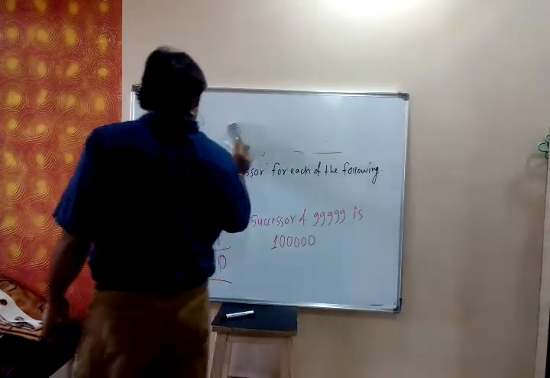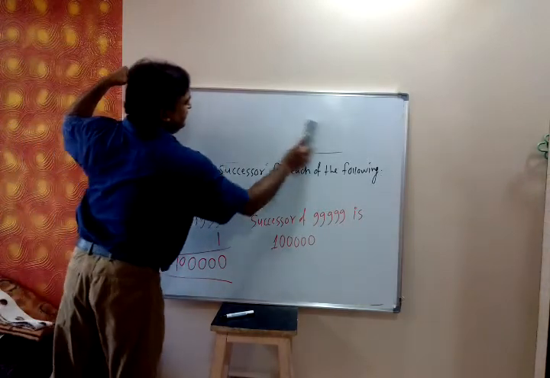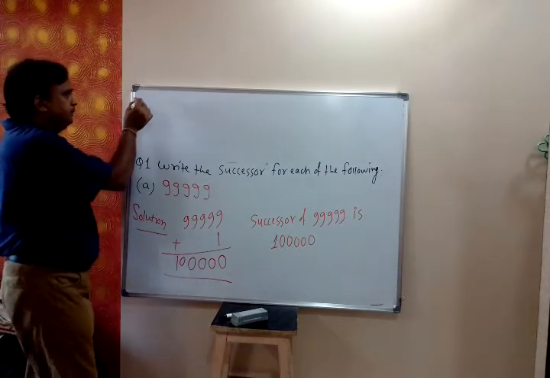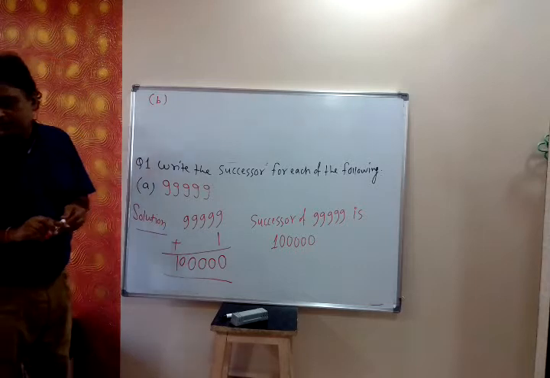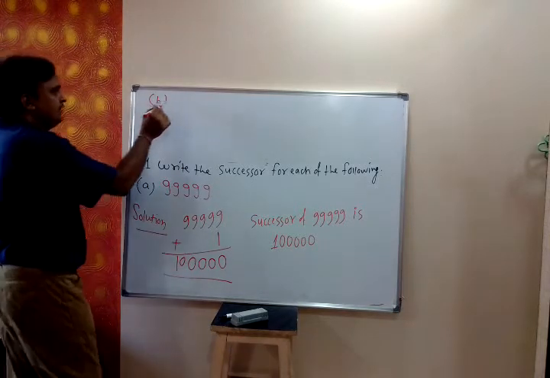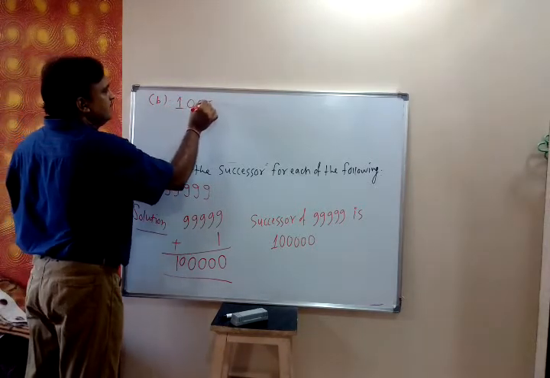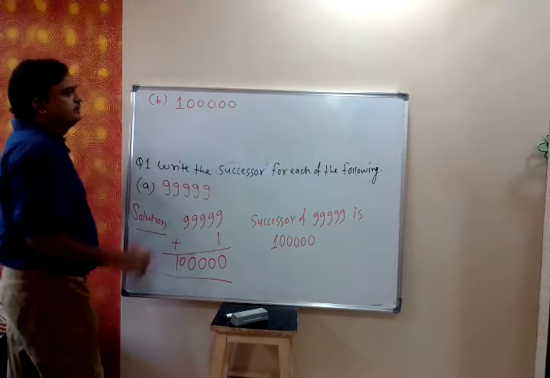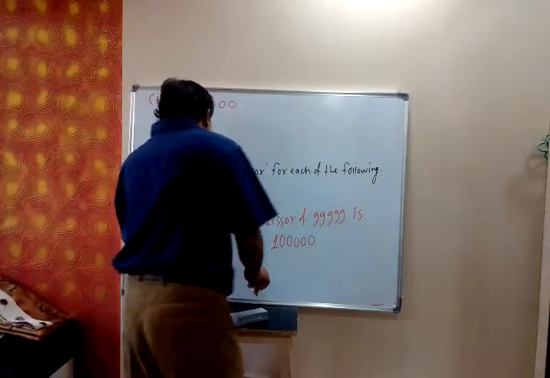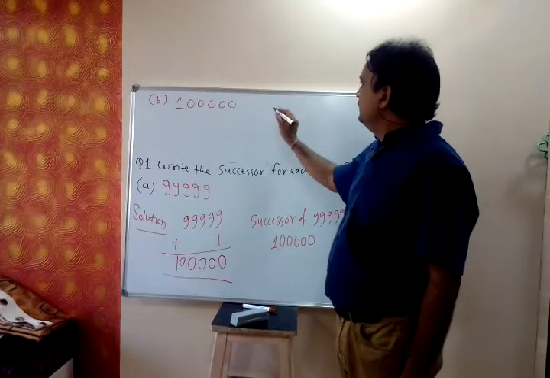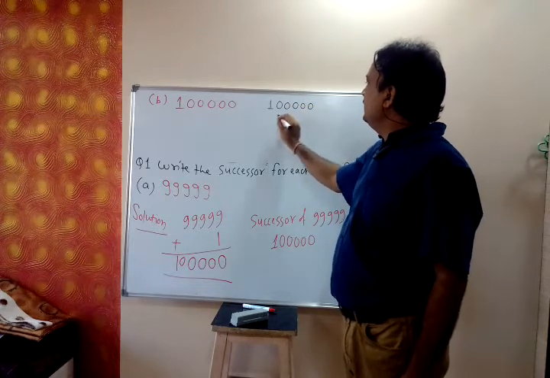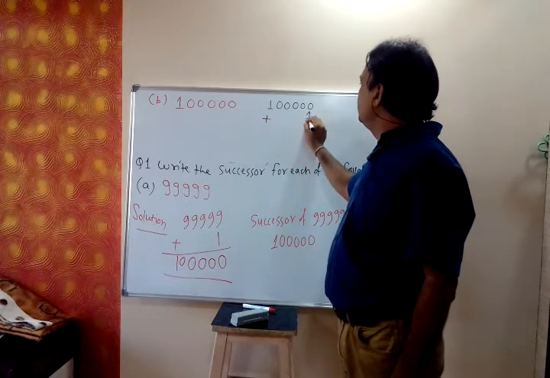Now B is 1 lakh. Find the successor. The given number is 1 lakh. I will add plus 1 in the ones place.